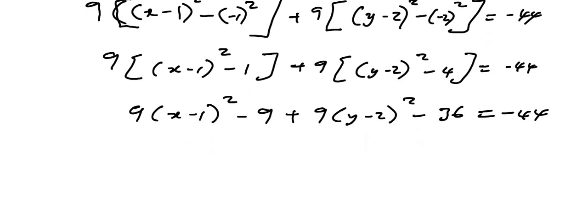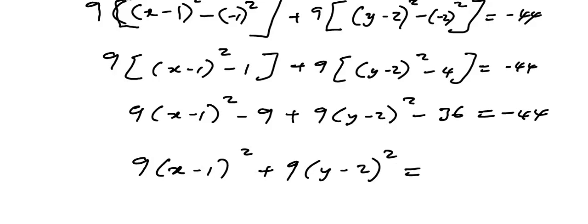Then we can take the constants on the other side, so that we just have 9 times x minus 1 squared plus 9 times y minus 2 squared is equal to negative 44 plus 36 plus 9, because my negative 9 and my negative 36 become positive on the other side.